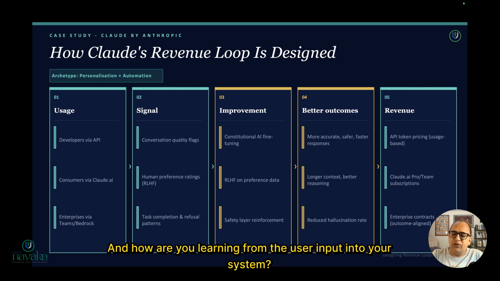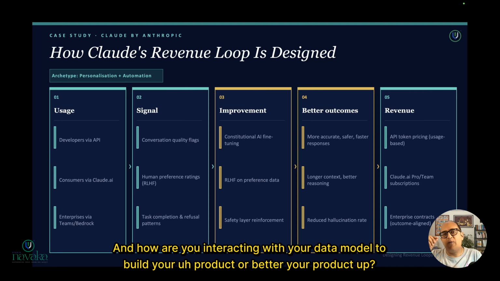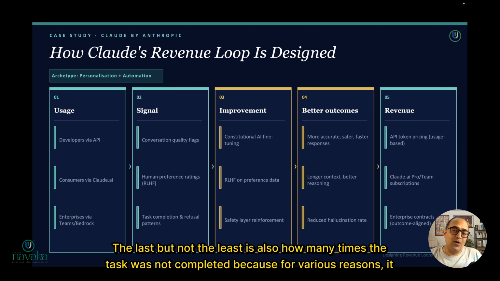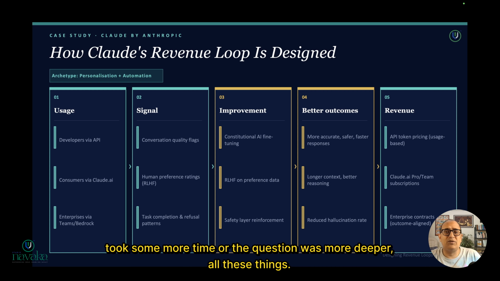And how are you learning from the user input into your system, and how are you interacting with your data model to build or better your product? And the last but not the least is also how many times the task was not completed because, for various reasons, it took more time or the question was deeper.